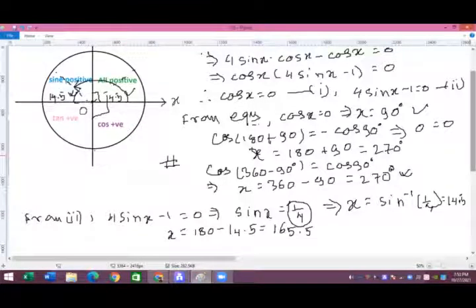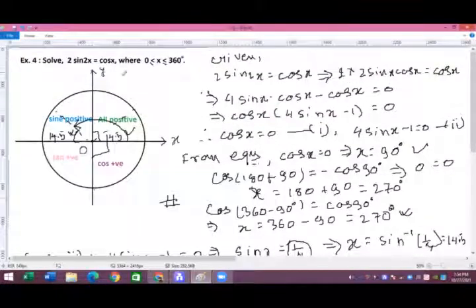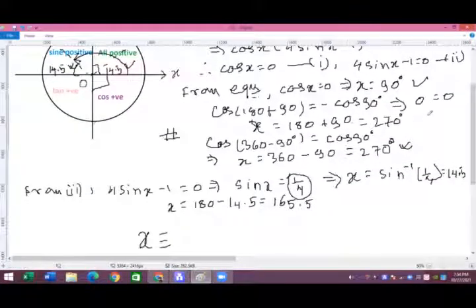So now the possible values of x according to the given condition of this equation are: x equals 90 degrees, then 270 degrees, then 14.5 degrees, and then 165.5 degrees.